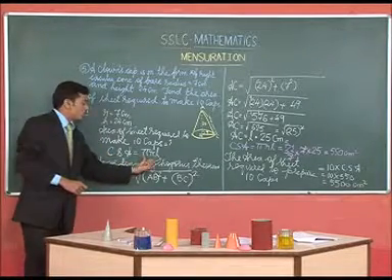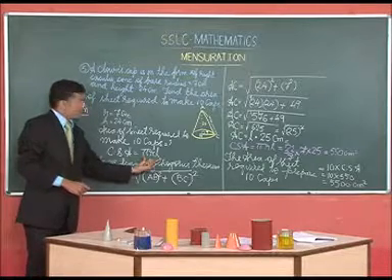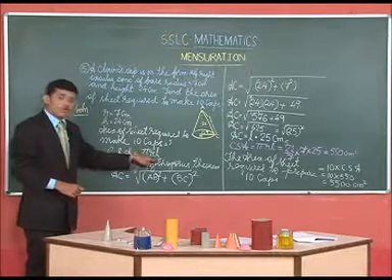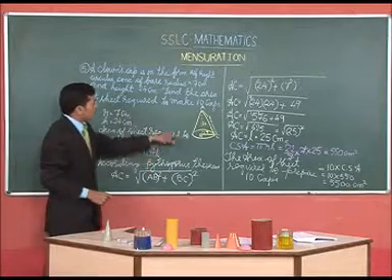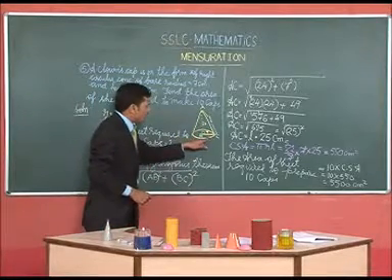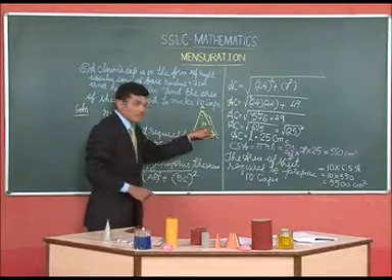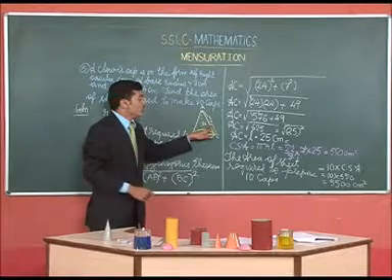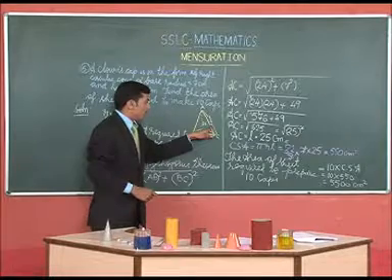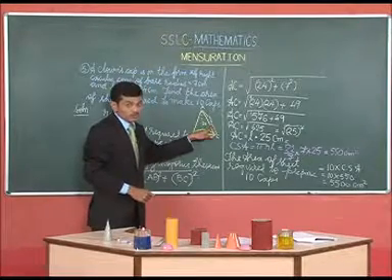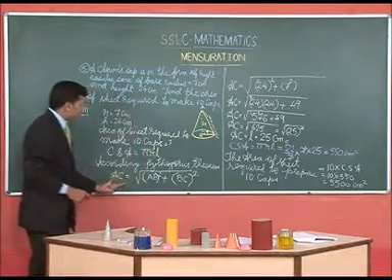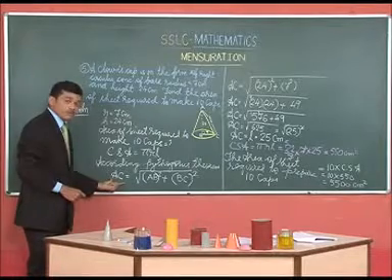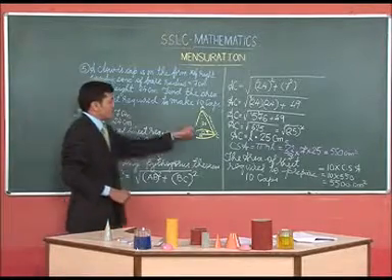CSA is equal to pi RL. But here we don't know the value of L. We are given the value of H and the R. So we have to calculate the value of L so as to get the value of curved surface area. To do this, we have used Pythagoras theorem. So with the use of Pythagoras theorem, we have calculated the length of the hypotenuse, which is L.